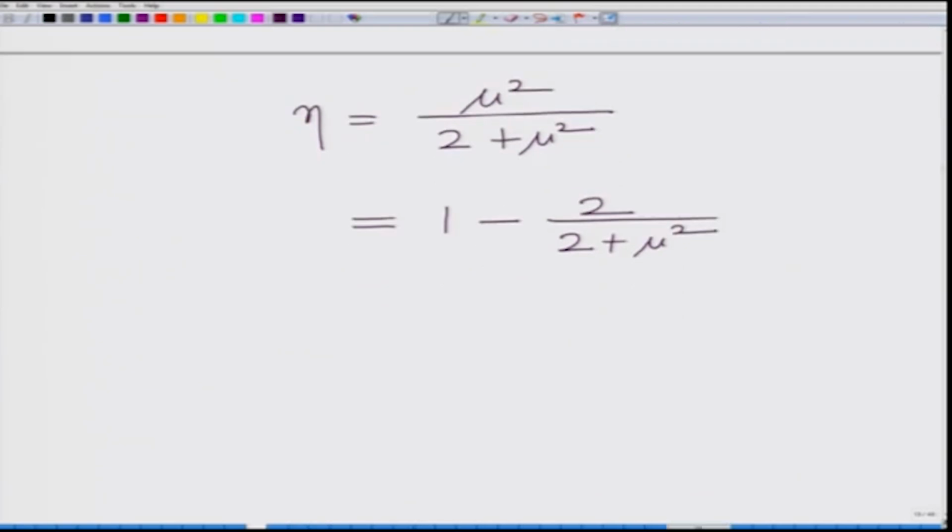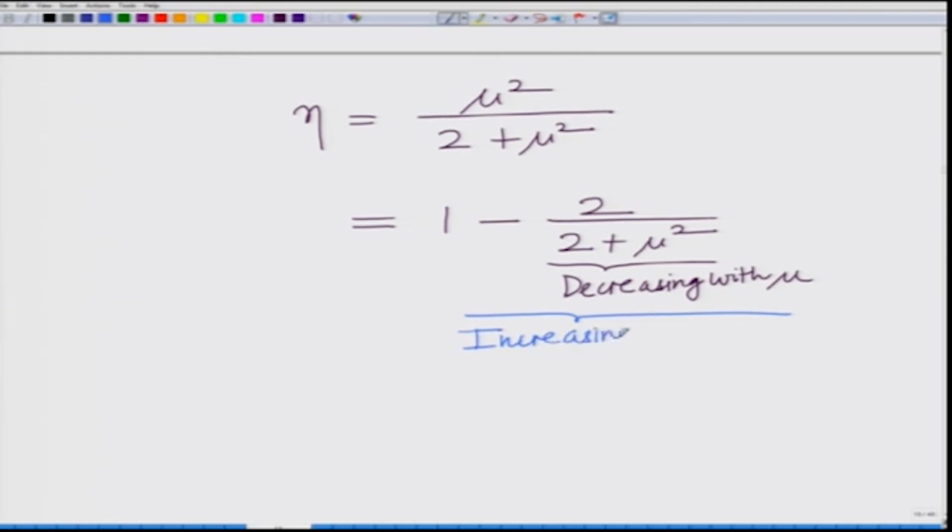Look at this, 2 over 2 plus mu squared is decreasing with mu, and therefore 1 minus 2 over 2 plus mu squared is increasing with mu, which means as mu increases, the efficiency eta of the AM signal improves, correct.